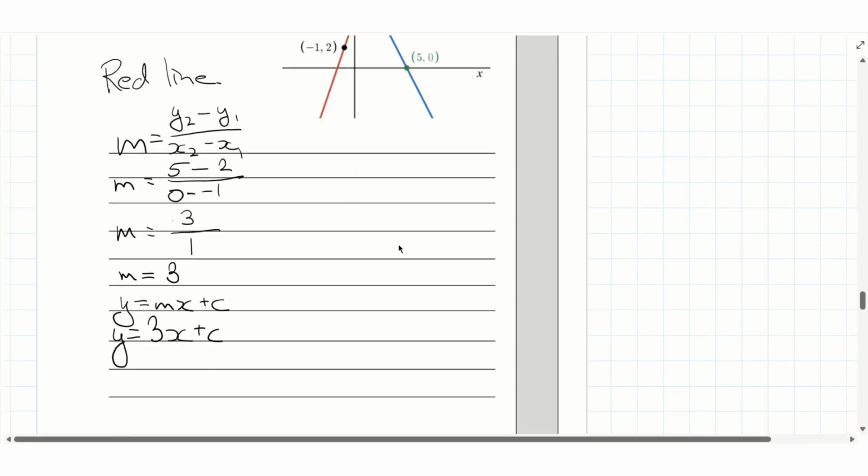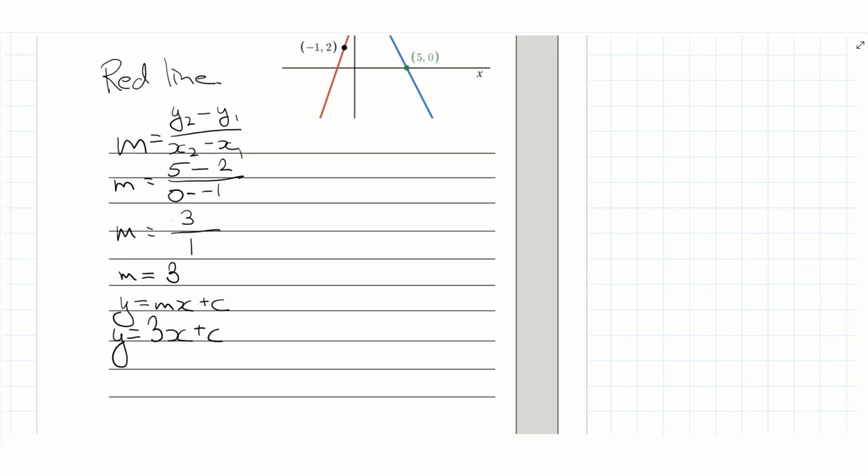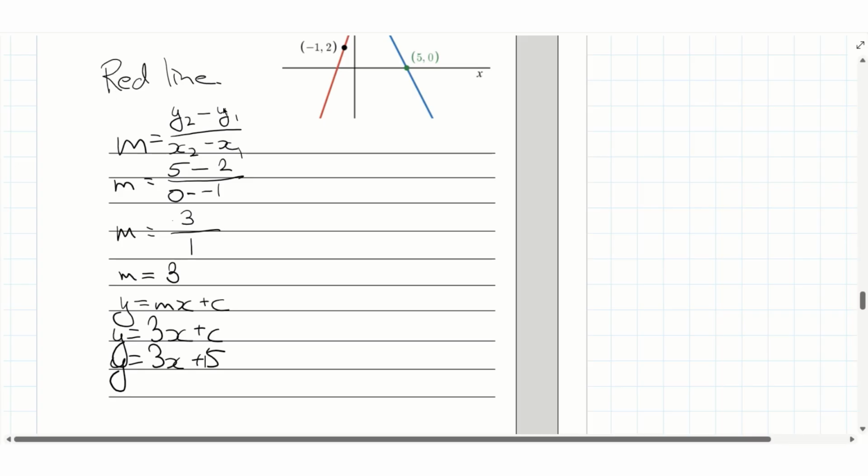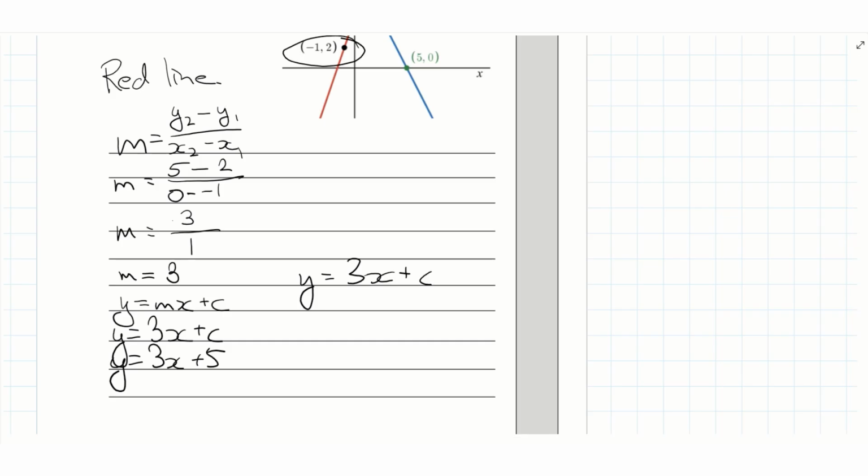So I can just go ahead and put in, where's my black pen? I can go ahead and put in y equals 3x plus 5. You could go through and say that you've got y equals 3x plus c, and I know that this is the value of the y and the x, and I can substitute it in and put 2 is equal to 3 times negative 1 plus c, and so on.